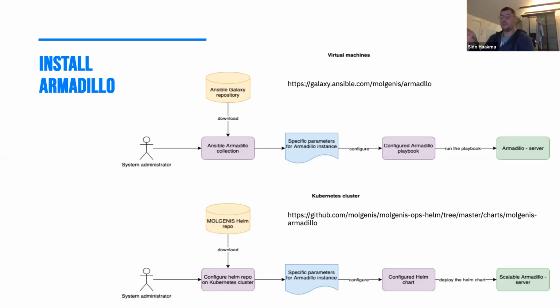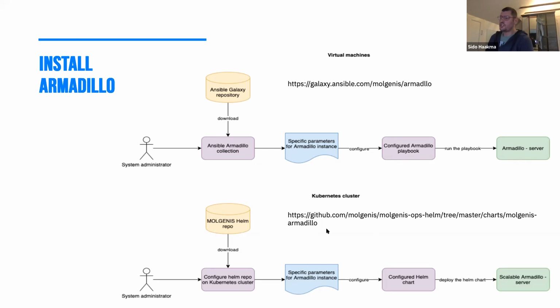So for instance, if you deploy on a VM environment, a virtualized server environment, we provide an Ansible Galaxy repository, which is a collection of deployment scripts that system administrators usually use to deploy their other infrastructure. Then they can use that to deploy the Armadillo: you download the collection, you specify the parameters, and you run the playbook, which is part of the Ansible structure. And then you have a deployed server.